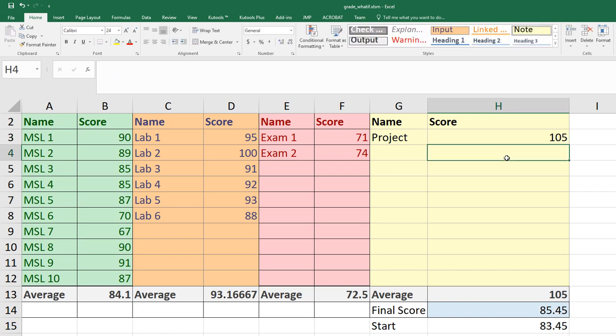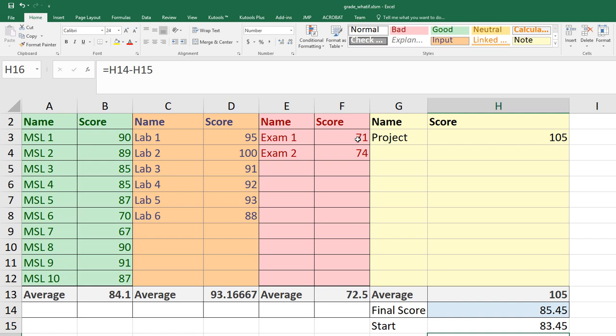Once again, that went up a full 2 points. So we were raised from an 83 to an 85. That really wouldn't make a difference in this case, but if we went from a 79 to an 81, that would definitely make a difference in your letter grade. The reason why that's the same as the exams is because each of the exams is worth 100 and the project is worth 100.